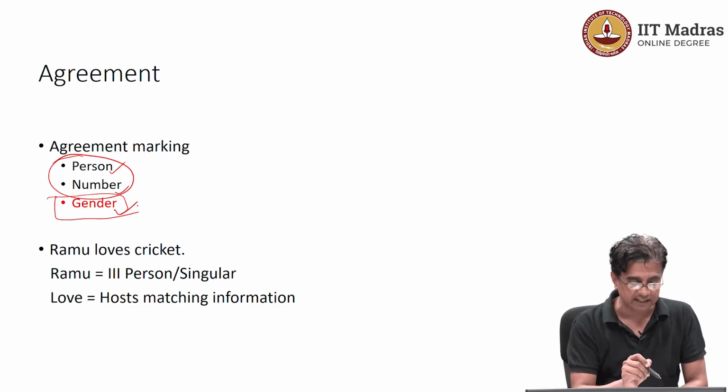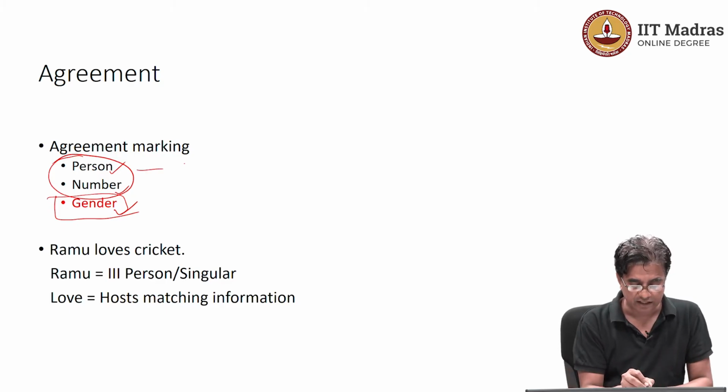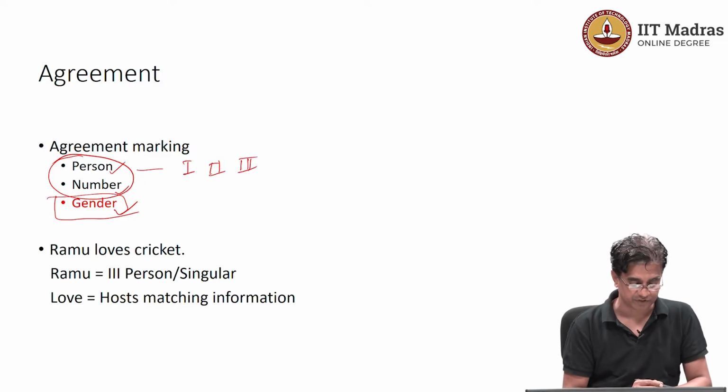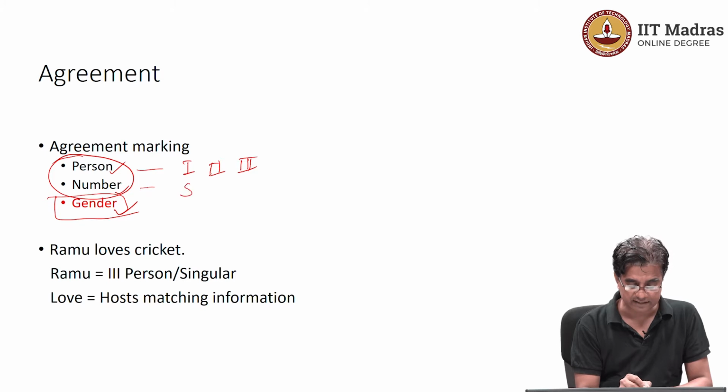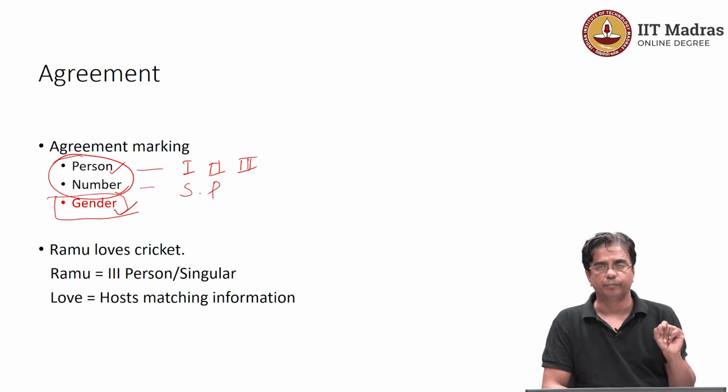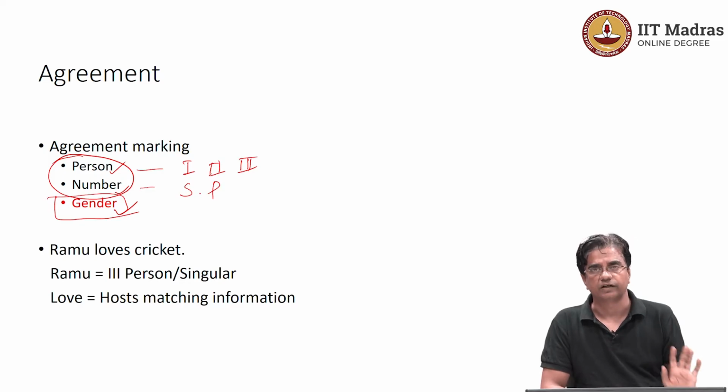But we always see persons. What are they? They are 1, 2 and 3. That is first person, second person and third person. And what is number? They are singular and plural. So every noun must be either singular or plural in English.